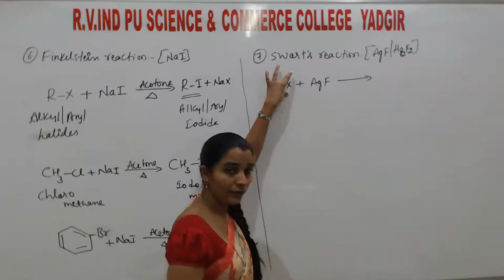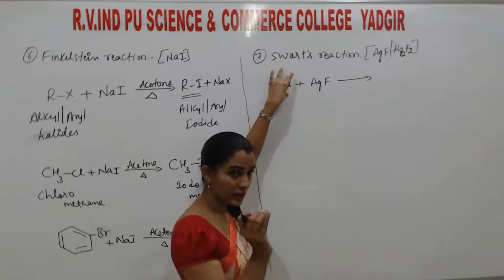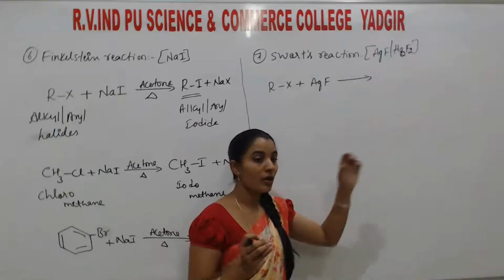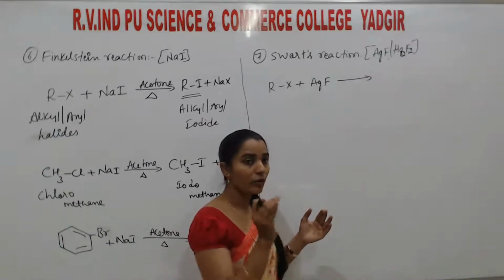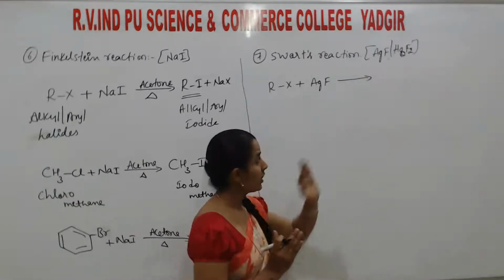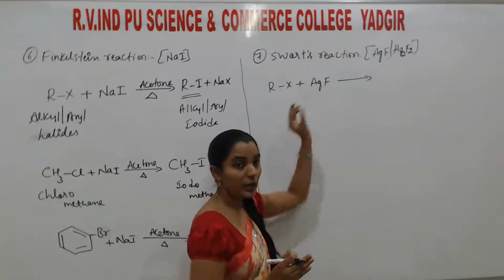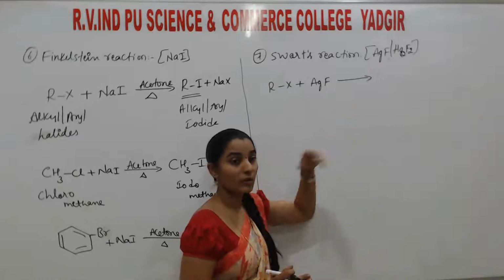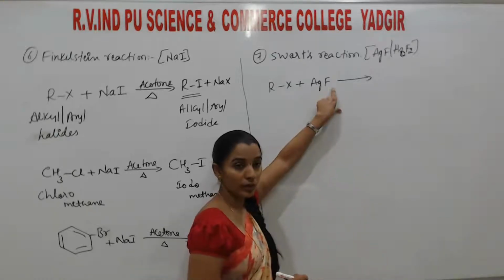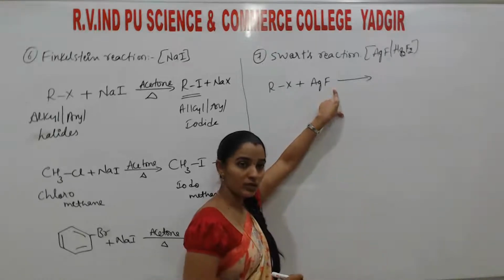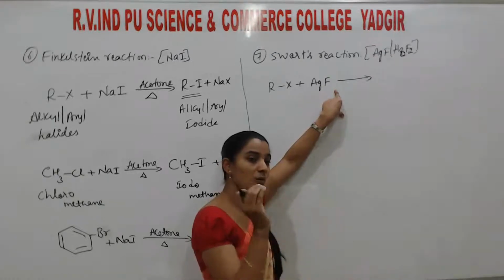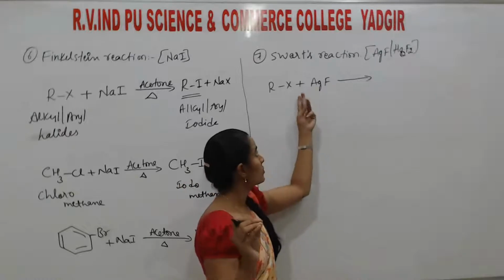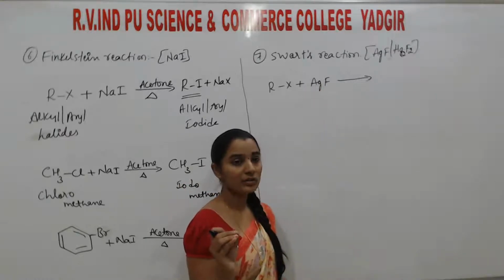As I told you, alkyl fluorides are not stable compared to chlorine, bromine, iodine compounds. Here we are using AgF, even though AgCl, AgBr, AgI salts are more stable than AgF. Understood? Means silver has more affinity towards chlorine, bromine, iodine rather than fluorine. So easily the exchange reaction takes place.